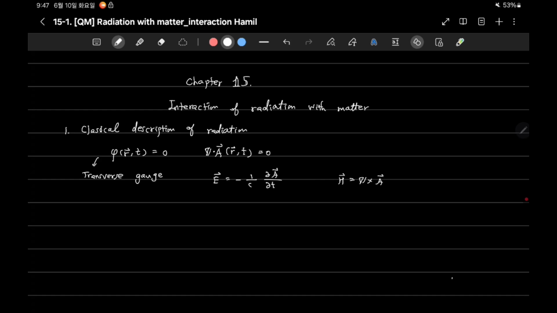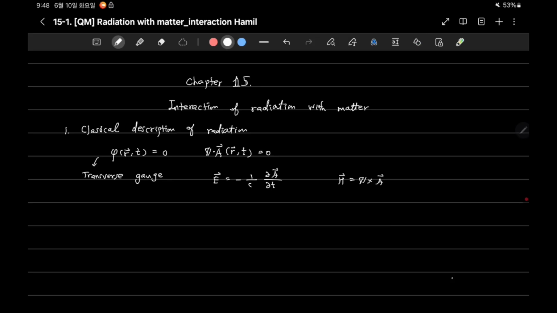By simple vector analysis, we can derive that the electric field is like this, plus the scalar potential. The scalar potential is zero, so it represents only the time derivative of the vector potential.